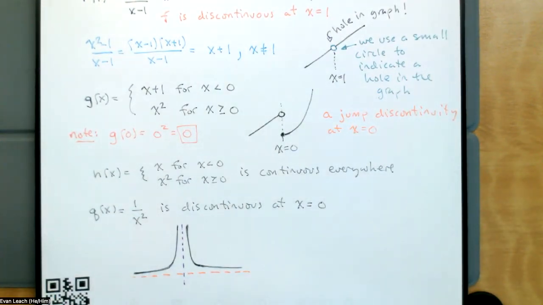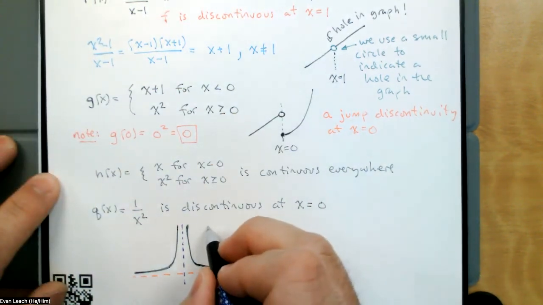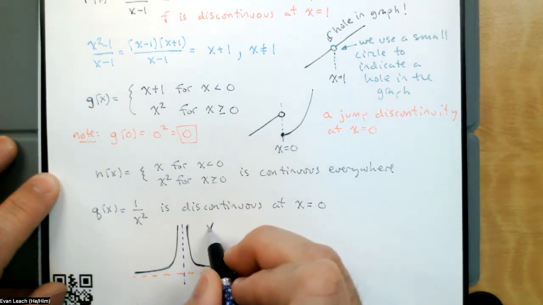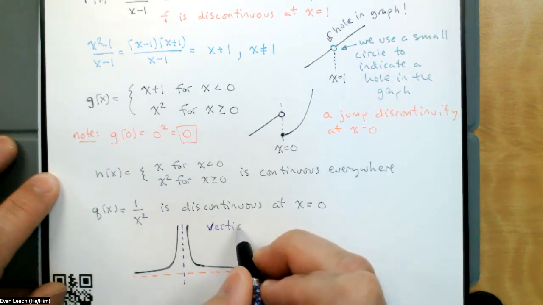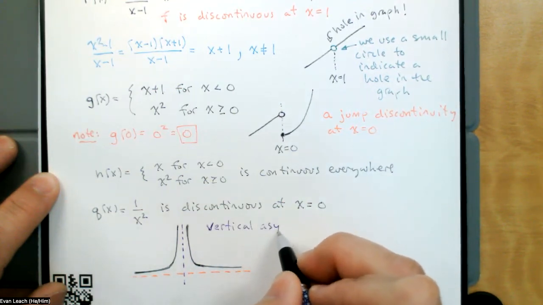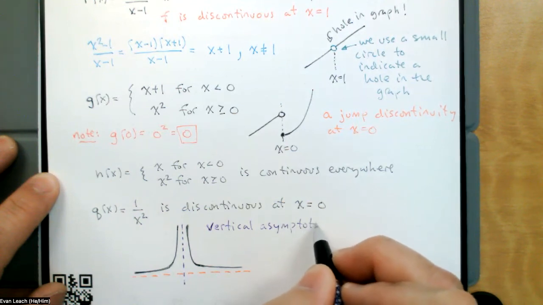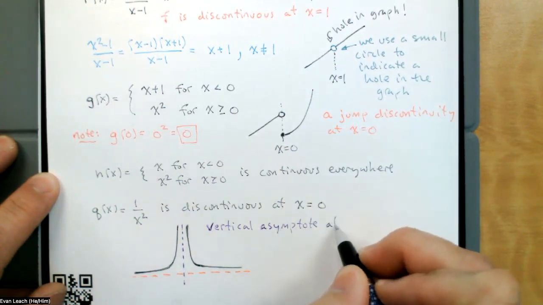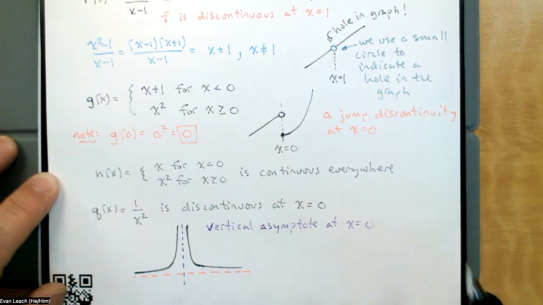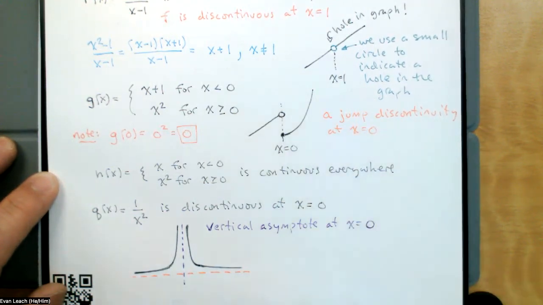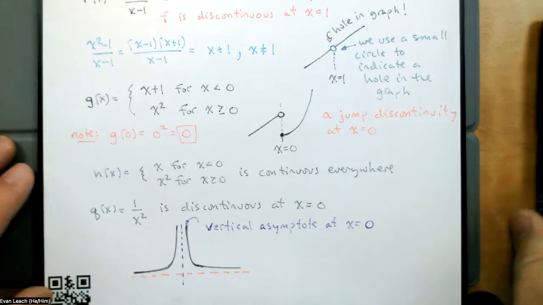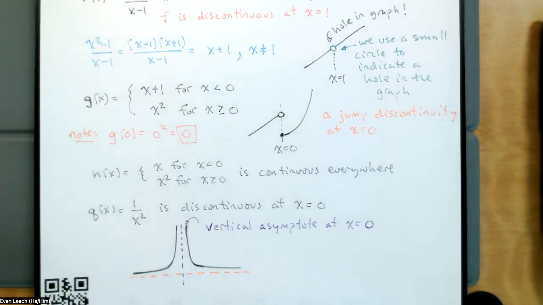So this function is discontinuous in a very messy way. The function goes to infinity when x is equal to 0. There's a vertical asymptote at x equals 0.